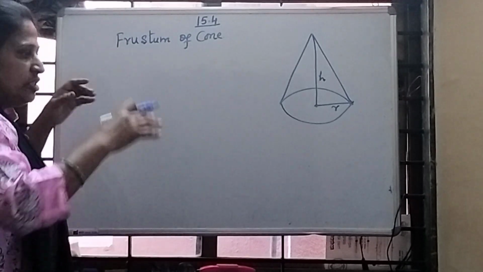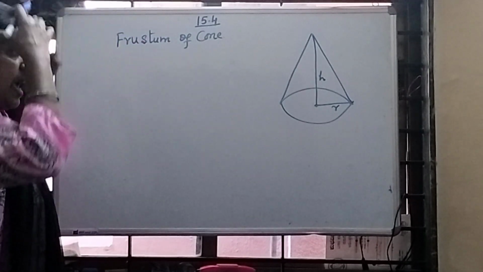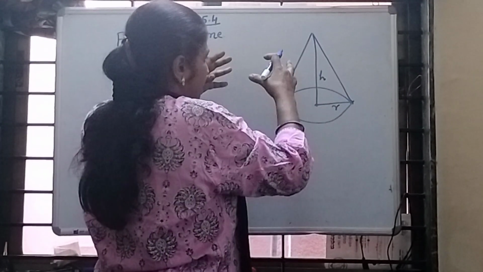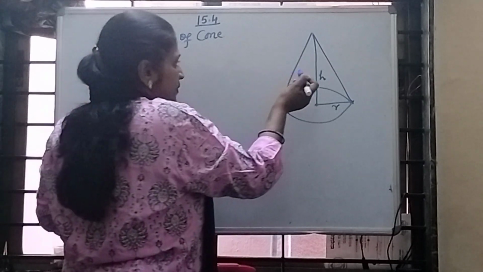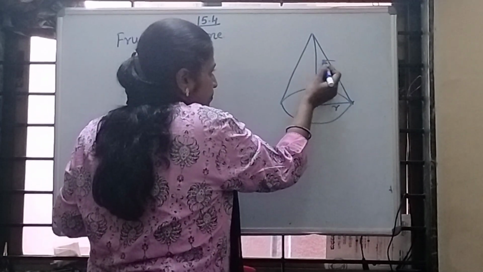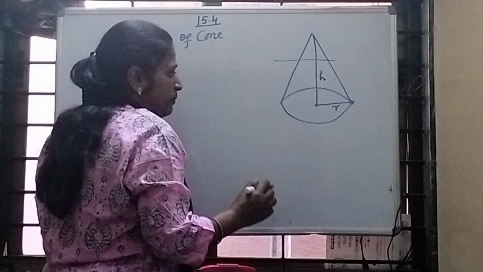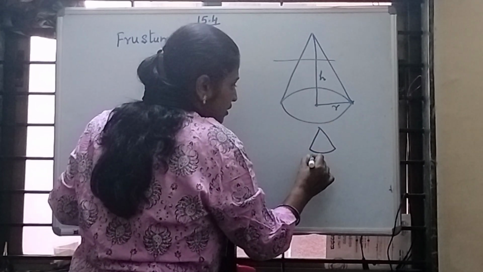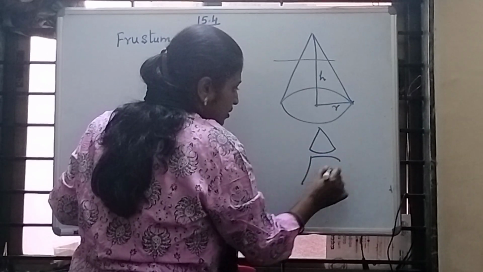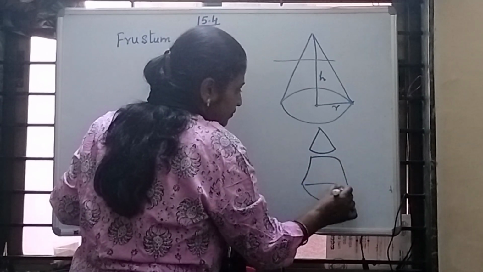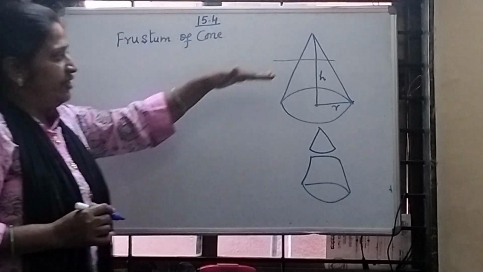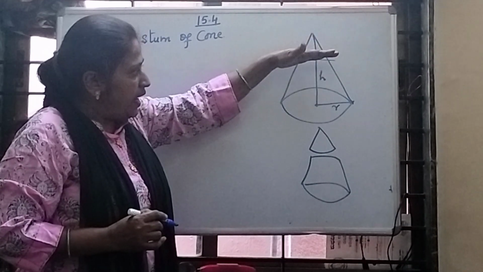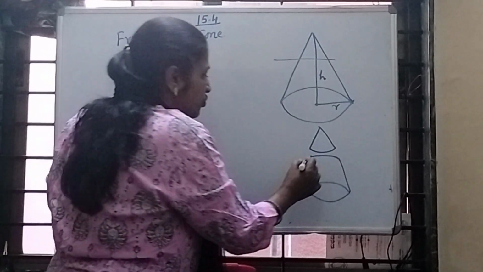Imagine the cone shaped caps you use on birthdays. If those caps are cut parallel to the base, you will get a shape like this. When we cut like this, the upper part remains as a small cone, and the lower part has two circular ends.